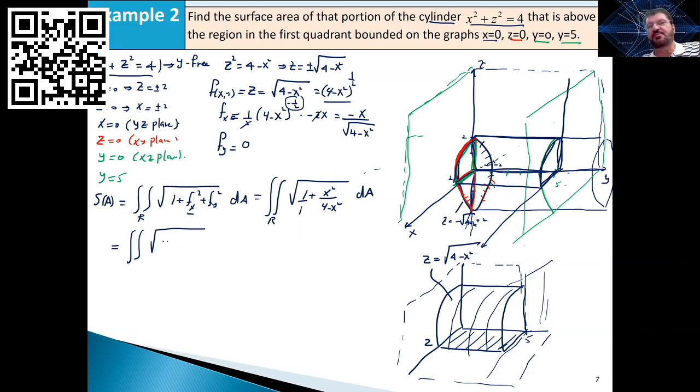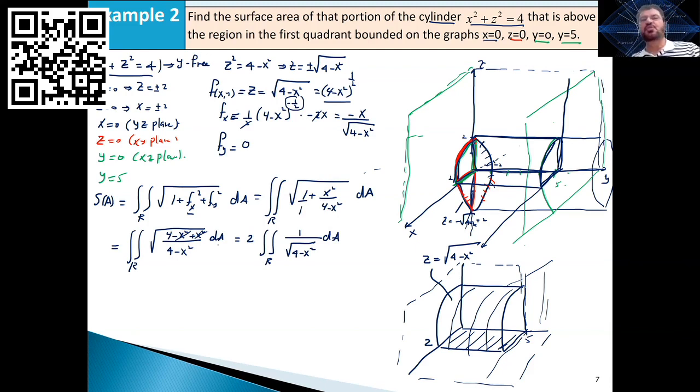So let's make the same denominator, 4 minus x squared as the least denominator. So this is going to be 4 minus x squared plus x squared, dA over R. And this goes with that. Square root of 4 is 2. So it's going to be the double integration of 1 over the square root of 4 minus x squared, dA over R. This is the leftover. All right, so this is our final derivative.